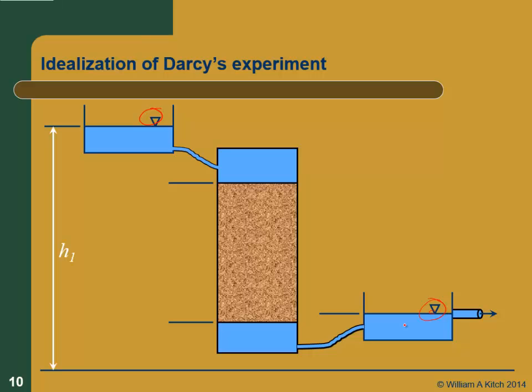So if we know the height of the top reservoir, we know the length of the sample, we know the height of the bottom reservoir, and we know the cross-sectional area of the sample, and then we can measure the Q flowing out. So that's how he set up his experiment. He was actually controlling Q and measuring H1 and H2, but either way, it's the same experiment.